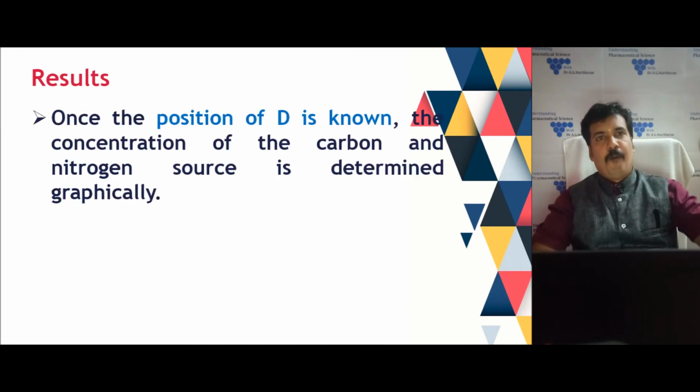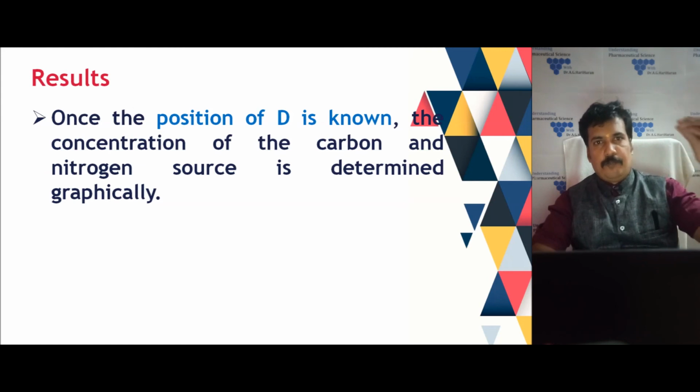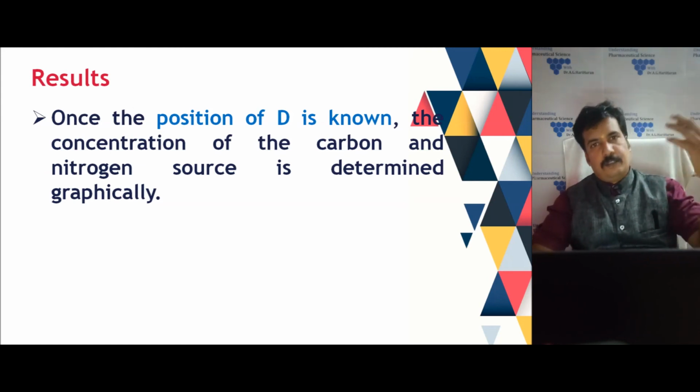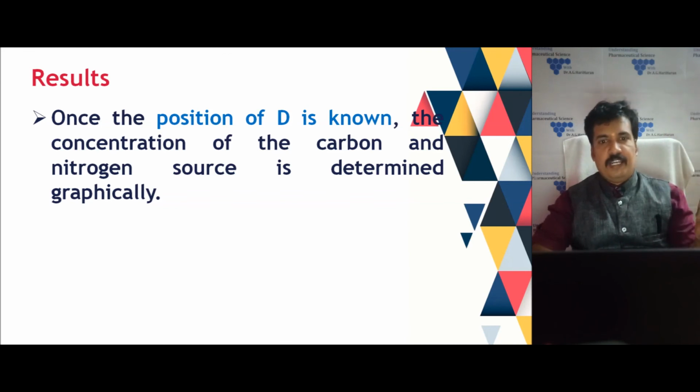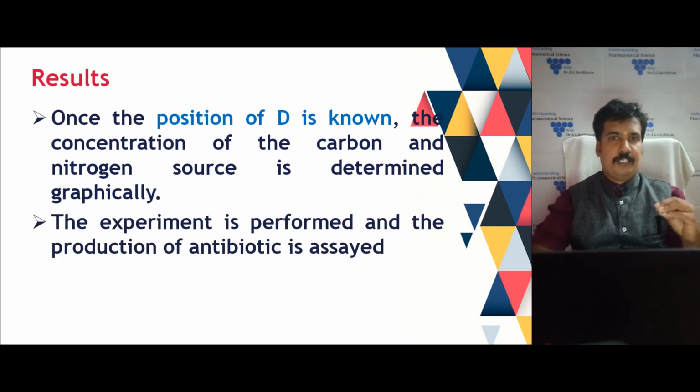At point D, with a new carbon and nitrogen source, we will perform an experiment, which is determined graphically. Then we see how much product is formed. Now we assess the three points. Previously we assessed the three points A, B and C for best and worst. Similarly we assess B, C and D for best and worst.